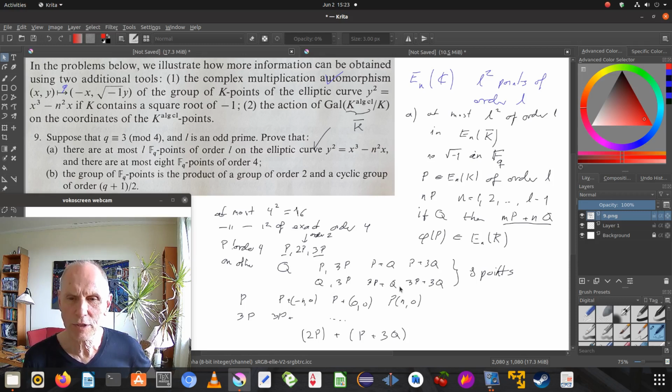This was the impossible situation. So we have the 4 points of order 2, and then only 2 points of exact order 4. Therefore, we shouldn't be using that point.